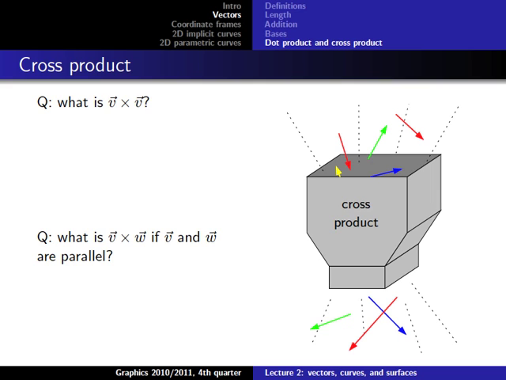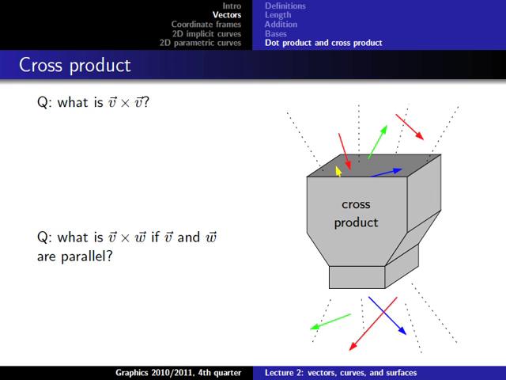So question, what is the cross product of a vector with itself? There are two straightforward ways to get an answer to this. One is, of course, you can write it down and plug the values into the general formula.